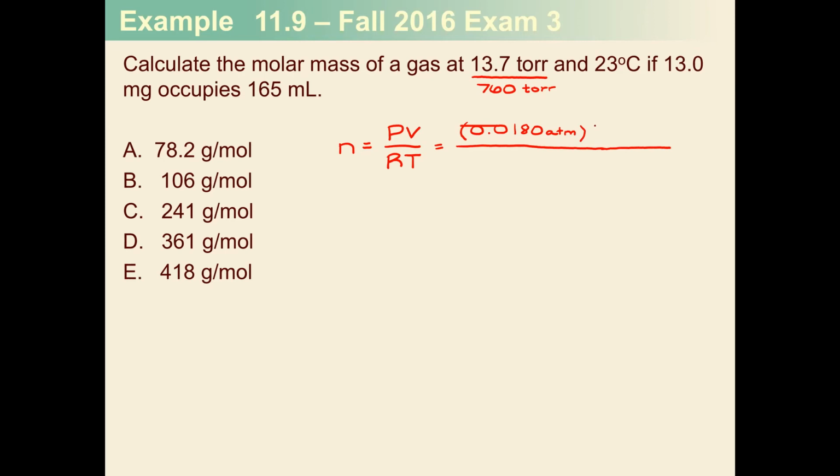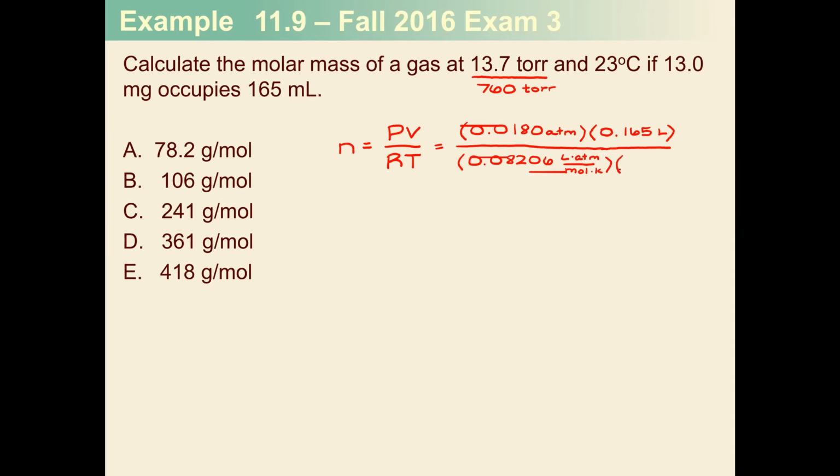For my volume, notice that I have it in milliliters. That must be converted to liters. So that is 0.165 liters. My R is going to be our standard constant of 0.08206 liter atmosphere per mole Kelvin.